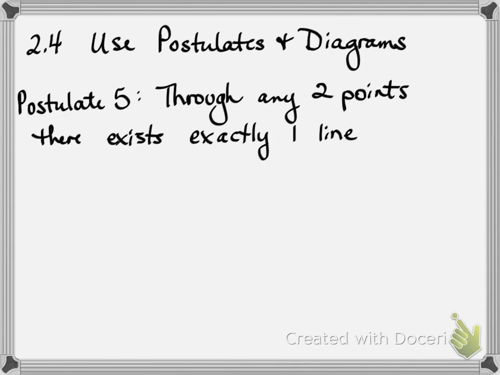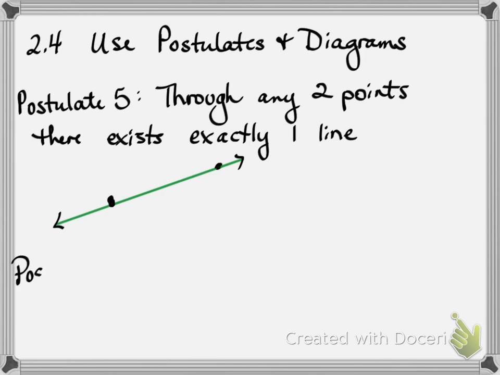These are things that I think we might already know, but they're just really spelling it out for us now. There's 2 points. There is only one way to draw a straight line that touches both of them. So through any 2 points, there is exactly one line, or only one line. Pretend like I hit that point there. All right, so that's postulate 5.